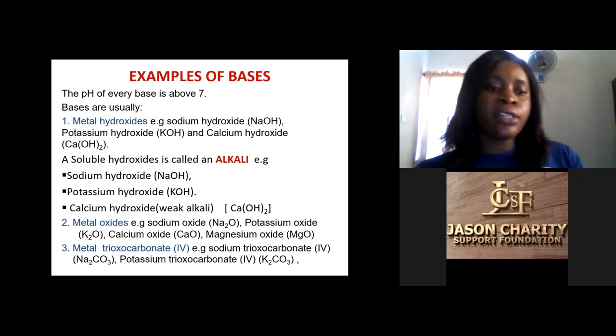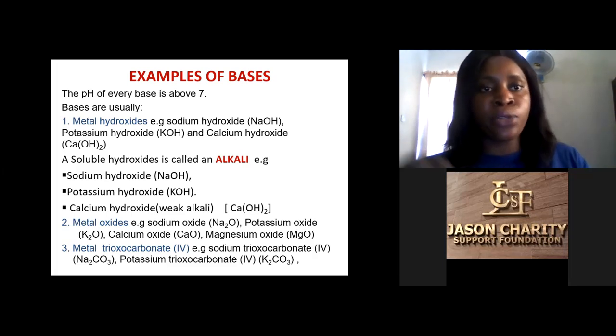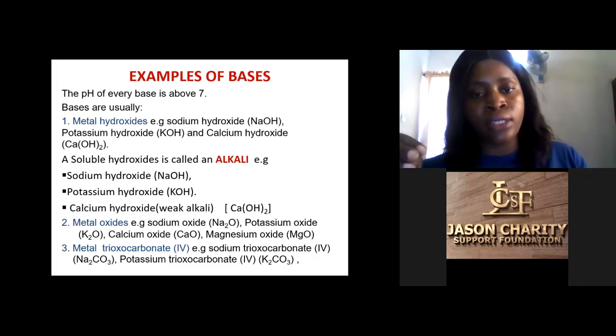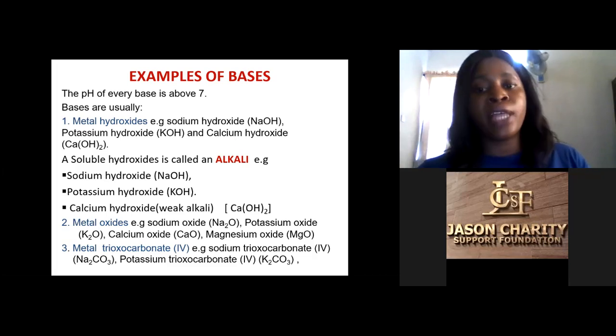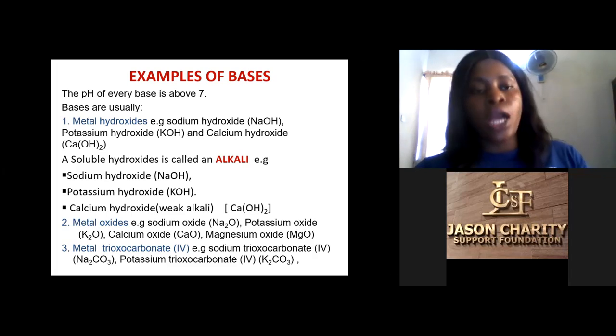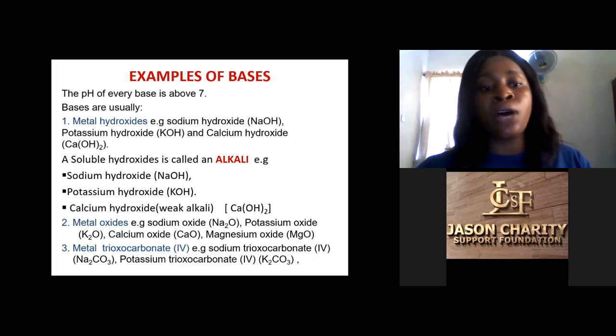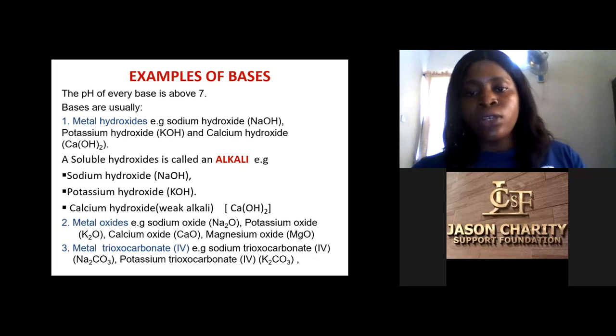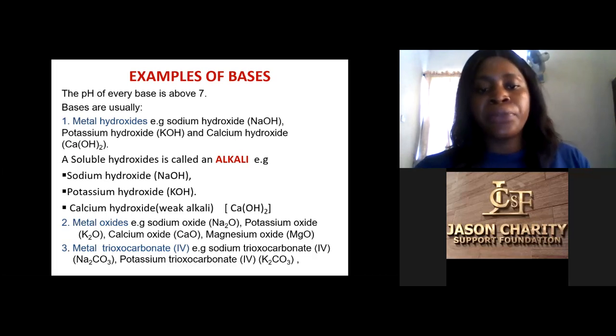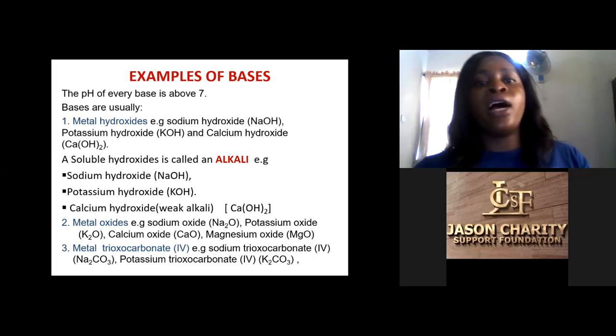Another thing you need to know is that bases are usually metal oxides. So we have oxide of sodium, sodium oxide, calcium oxide, magnesium oxide. All are basic substances. And bases are also metallic trioxocarbonate(IV). So sodium trioxocarbonate(IV) and potassium trioxocarbonate(IV) are also basic in nature.